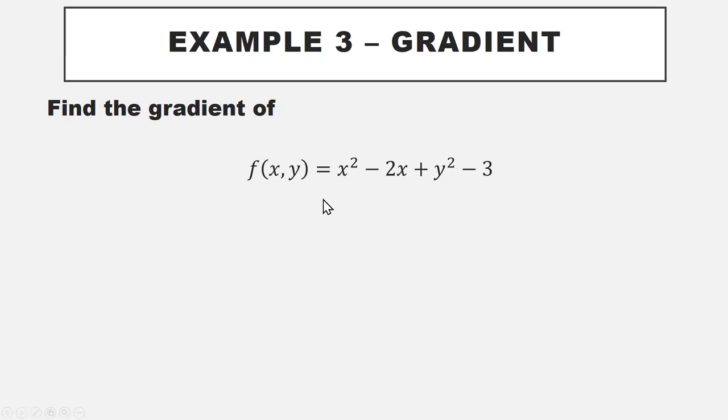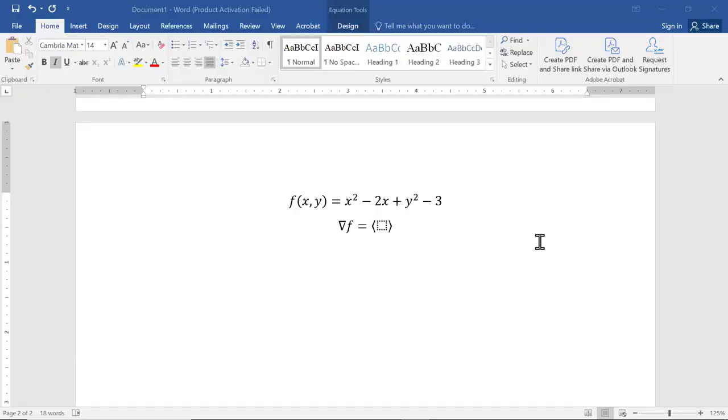We have our function x squared minus 2x plus y squared minus 3. Let's calculate the gradient of that. Again, upside down delta f is equal to f sub x comma f sub y. I'm shorthanding what I'm doing here.